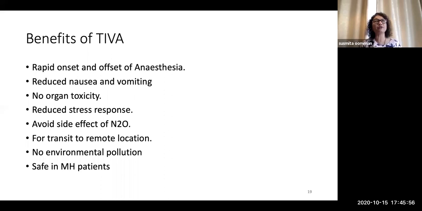I know I'm introducing new terms, but these are things which we have to keep in mind. Now, malignant hyperthermia: all the volatile agents can trigger a reaction in a patient who has the propensity for this disease, causing malignant hyperthermia. And that you avoid by using TIVA.